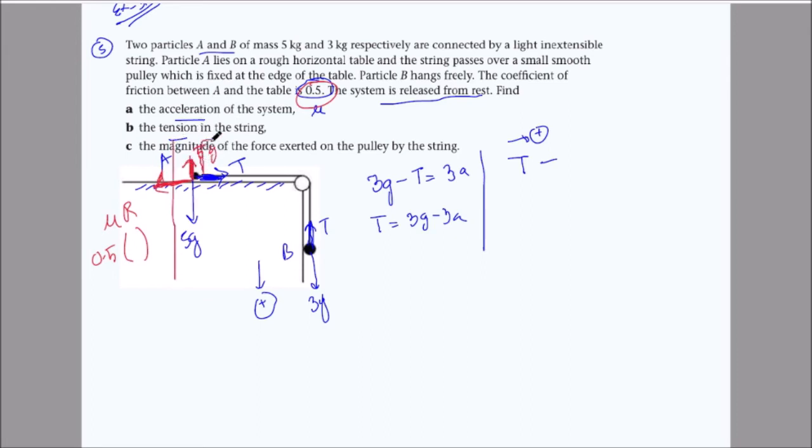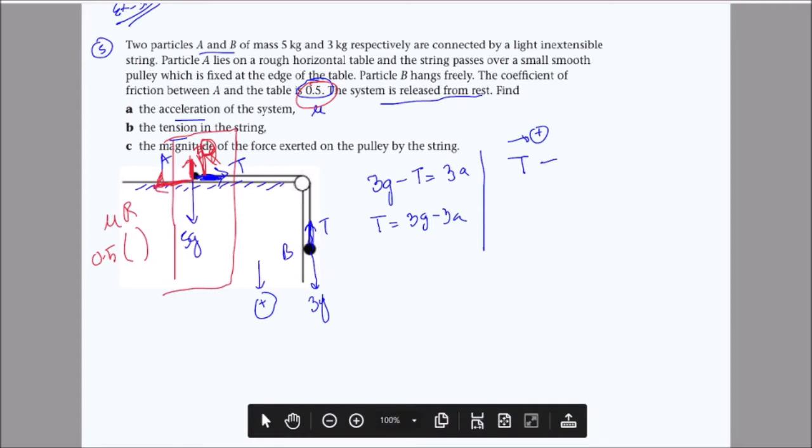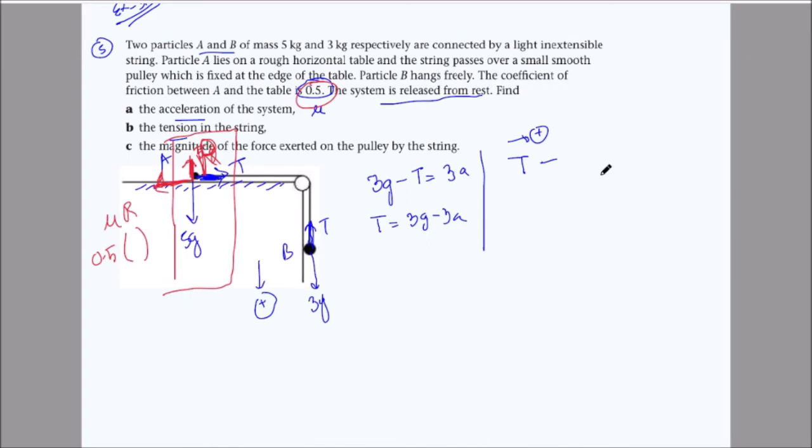If you equate the upward and downward forces, because there is no movement in the y direction, it is just moving in the horizontal direction towards the right, so we can assume it is balanced upward and downward. No resultant force. So R equals 5g. So tension minus mu R equals 5a.